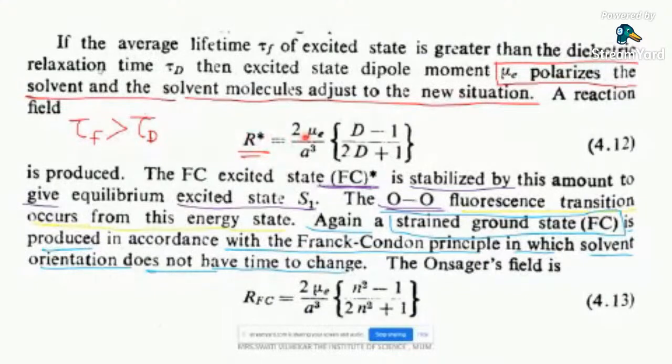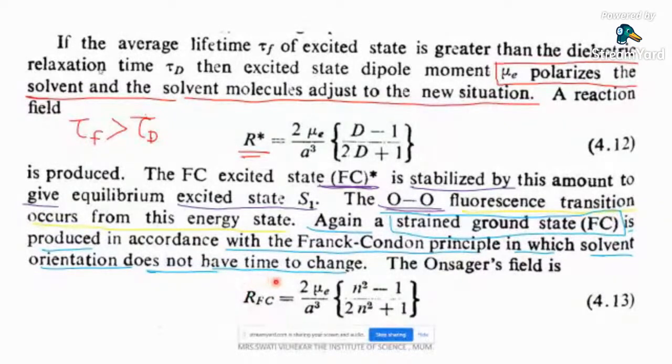A reaction field will be given by the equation 2 mu E divided by a cubed, in brackets D minus 1 over 2D plus 1. The Franck-Condon excited state FC star is stabilized to give the relaxed excited state S1, and the 0 to 0 fluorescence transition occurs from this energy state, producing a Franck-Condon ground state, in which the solvent orientation does not have time to change.